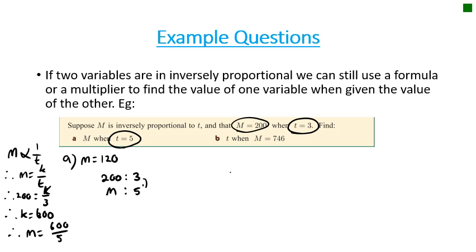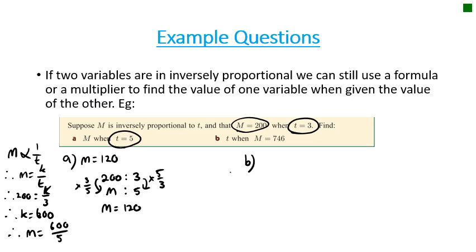Now to turn 5 into 3, 3 into 5, I've got to times by 5 over 3. Now because this is inverse proportion, I'm now going to times 200 by 3 over 5. Now 200 times by 3 over 5 would give me 120. So remember, with the multiplier, if it's inverse proportion, you just flip the fraction or flip the multiplier.